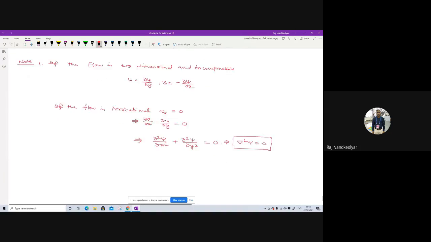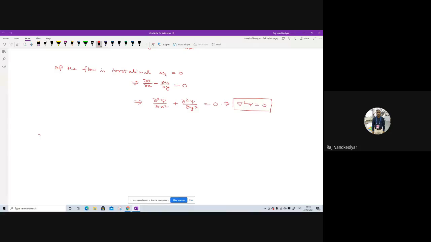The other point I'm telling you, let us suppose the flow is irrotational. So if the flow is irrotational, it means you have velocity potential existing.